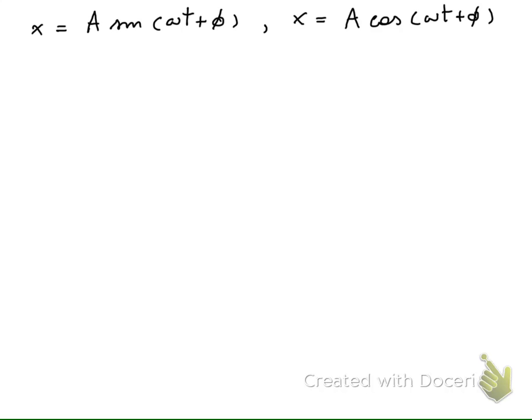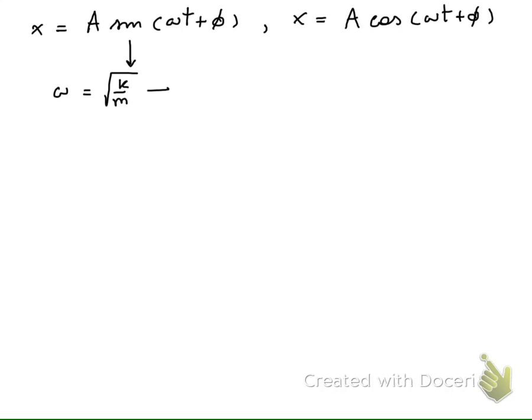Both forms are valid. You can use either sine or cosine, but we will use the sine function first. Please remember that we can use both forms. In this expression, we put omega equal to the square root of k over m.